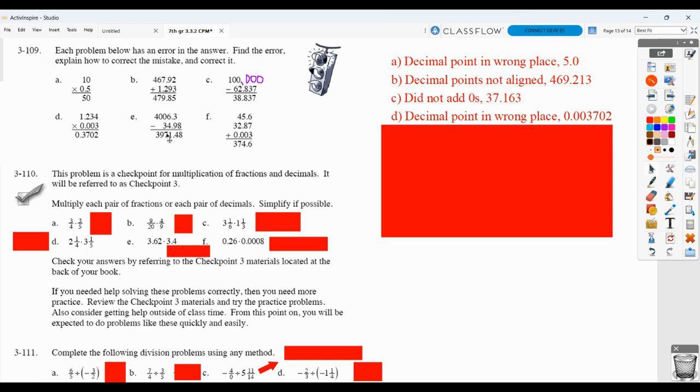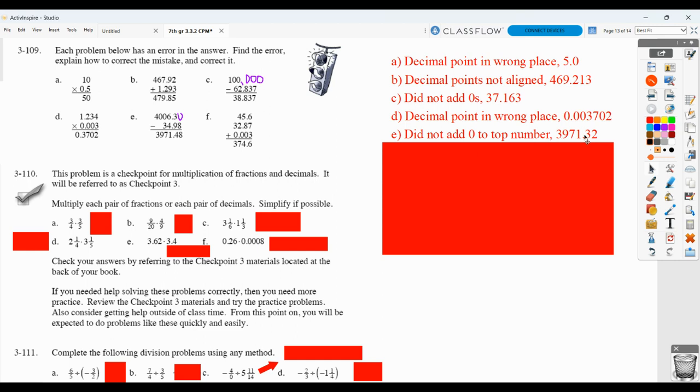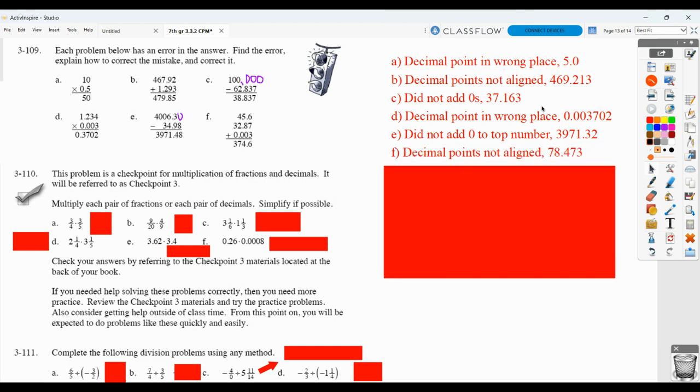Here again, we're subtracting, but this is a common mistake. They just brought down the 8. We have to add a 0 here and go through our borrowing or regrouping process. So again, if you just put down what I'm putting down here, it will not be adequate. You need to show your work. And here you need to align your decimals again. So you can see what the answer should be, but you do need to show the work to explain how you got those answers.